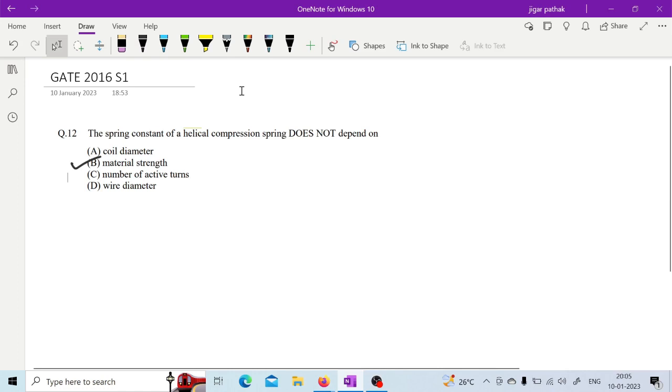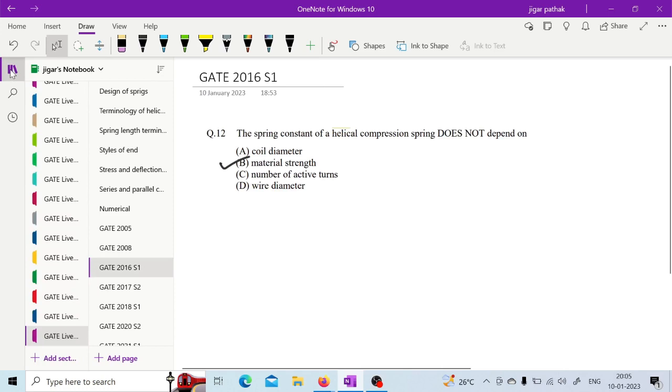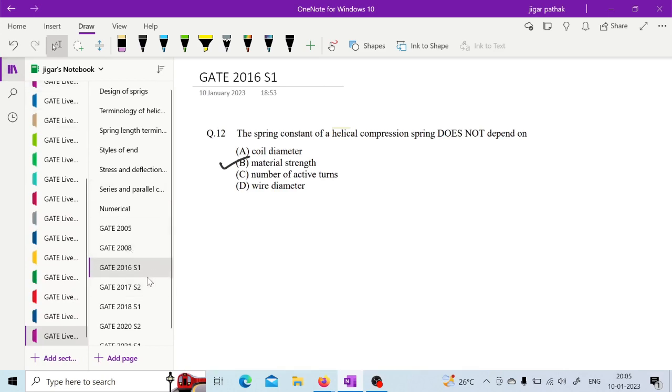Yeah, but here material strength, I guess they are discussing the Young's modulus. Yes, correct. This is how we need to consider it. Still I will check, right?